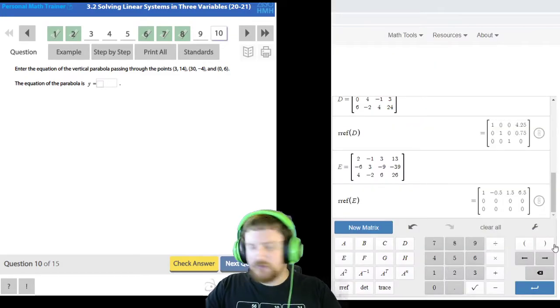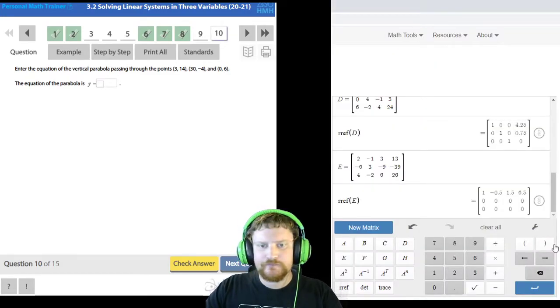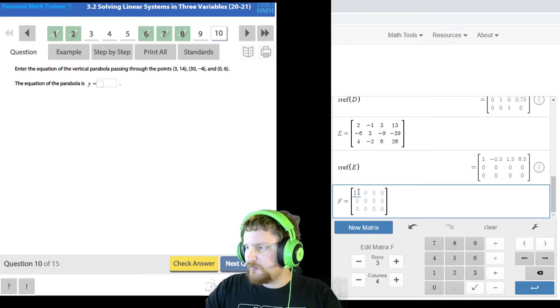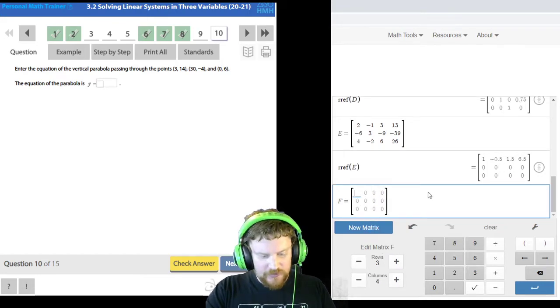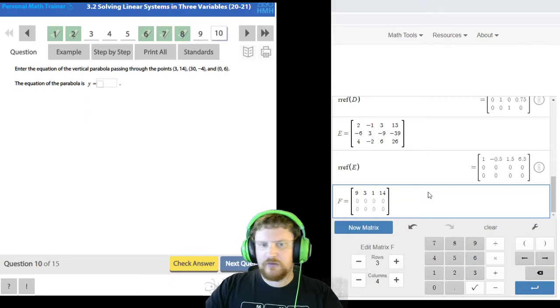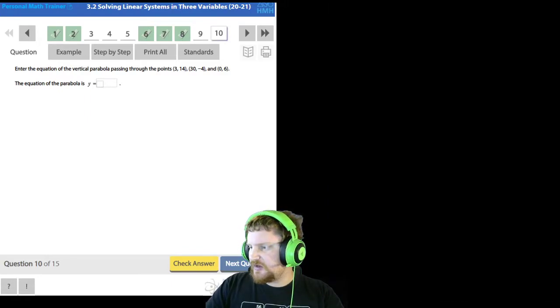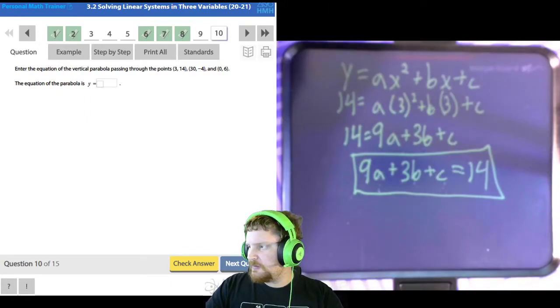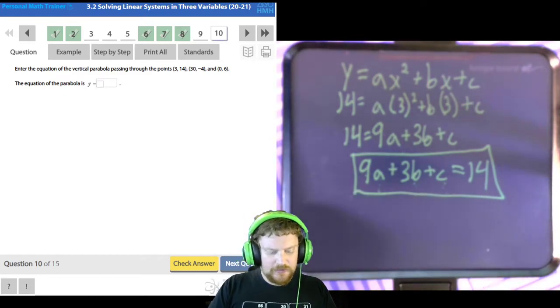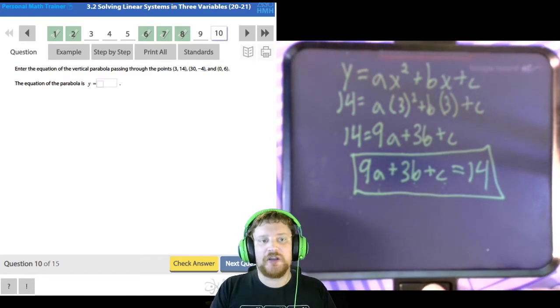So in Desmos, with a new matrix, 3 rows, 4 columns, my top row is going to be exactly what I just had, 9, 3, 1, 14. You can see that again on my pad here. So that's my first of three equations.